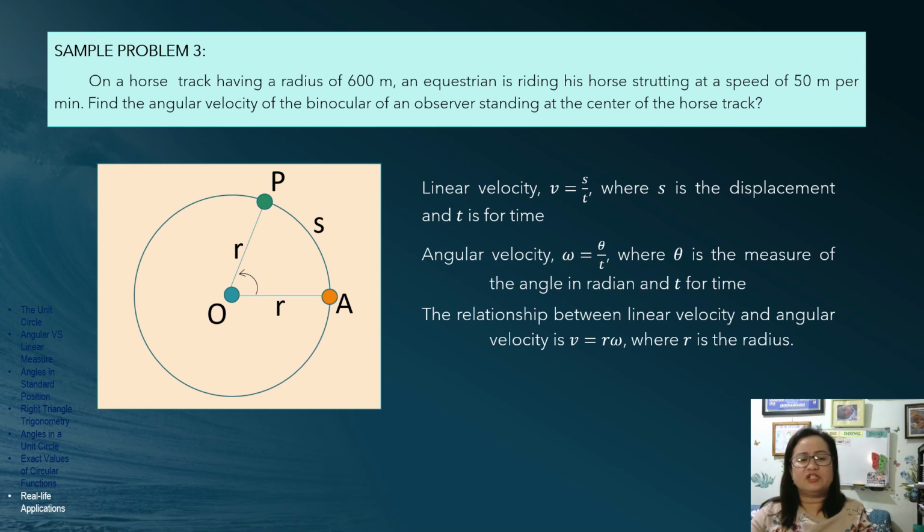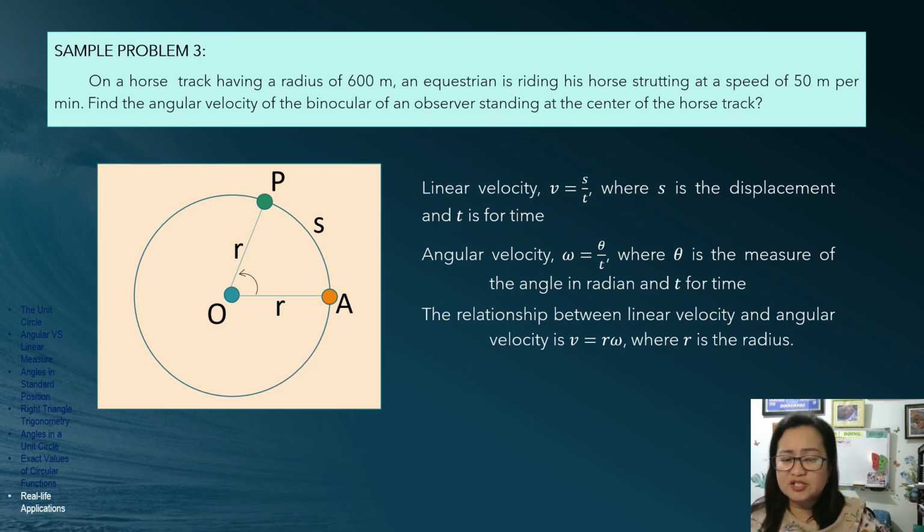Now let's have the last example, which is about angular and linear velocity. On a horse track having a radius of 600 meters, an equestrian is riding his horse trotting at a speed of 50 meters per minute. Find the angular velocity of the binocular of an observer standing at the center of the horse track.